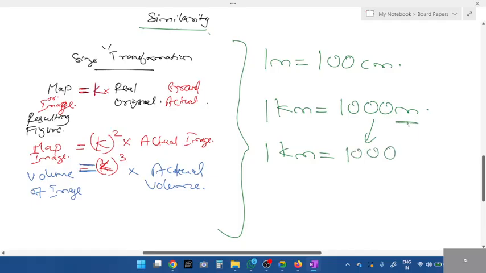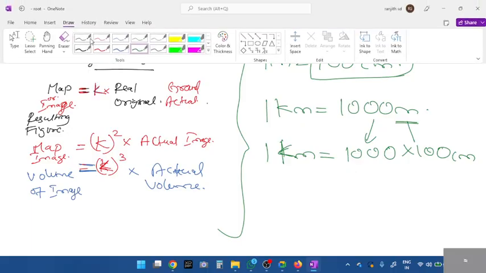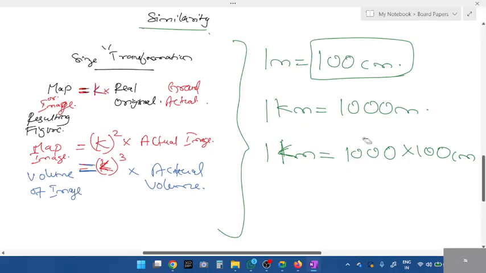In place of meter, what should I write, students? 1 meter is how many centimeters? 100 centimeters. Therefore, 1 kilometer is equal to how many centimeters? 1000 into 100 centimeters. Write this, make a note of this.